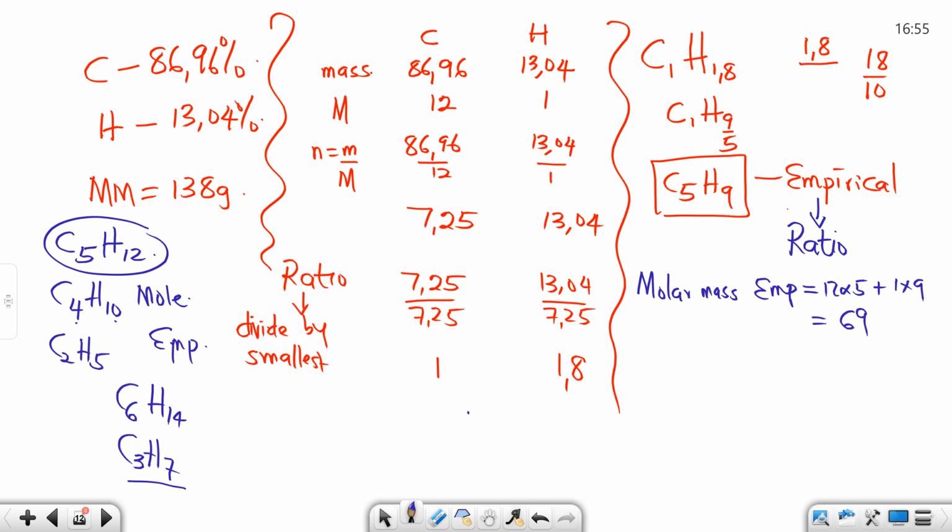The empirical mass is 69. What is our molecular mass? 138. We are going to look for a ratio, and the ratio is molar mass over empirical mass. What's our molar mass? 138. What's our empirical? 69.